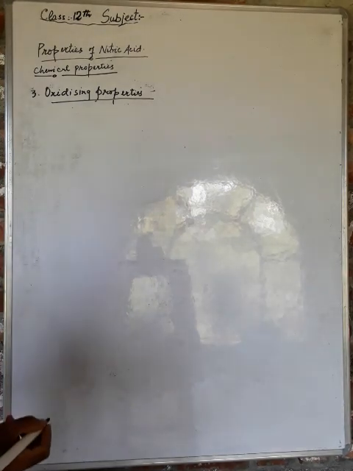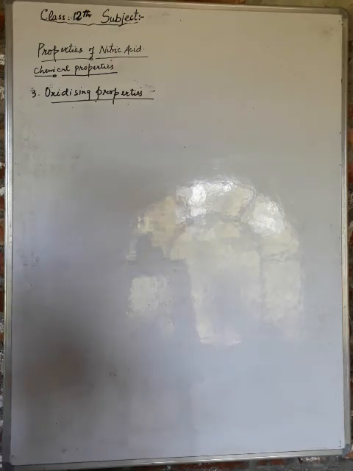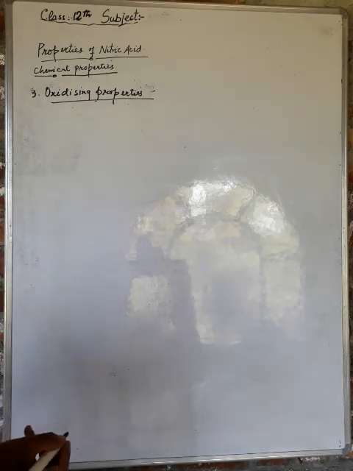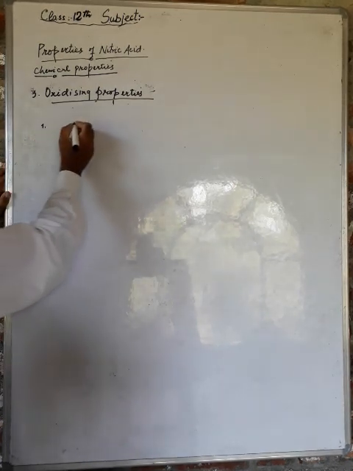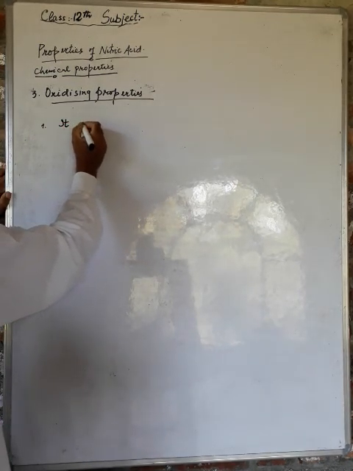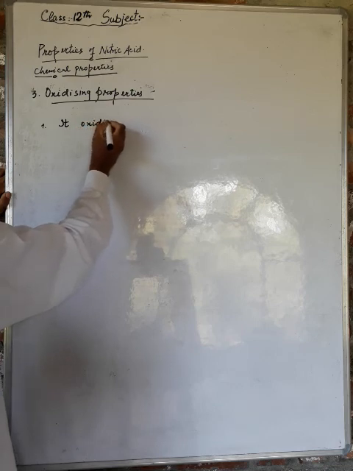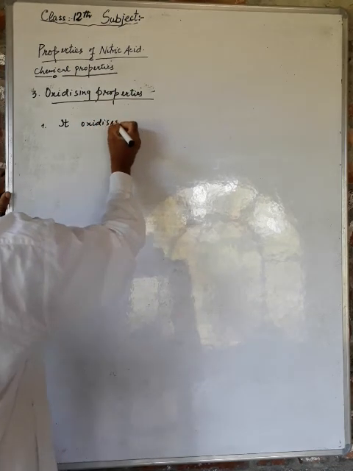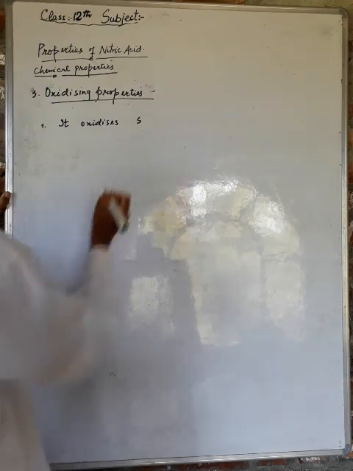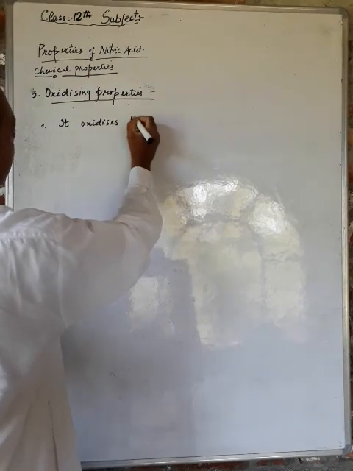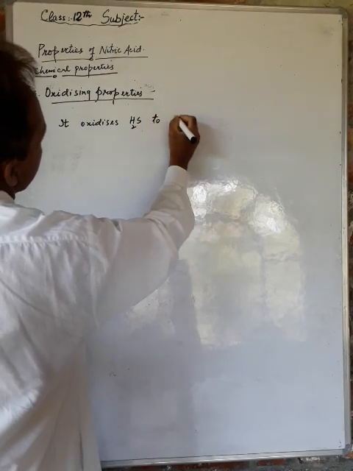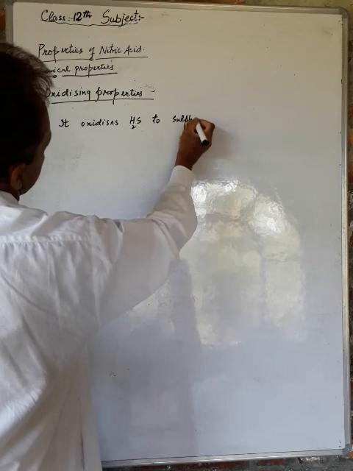This nitric acid acts as a strong oxidizing agent. It oxidizes different compounds. For example, number one we will take, it oxidizes hydrogen sulfide to sulfur.